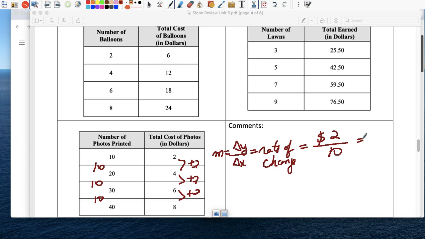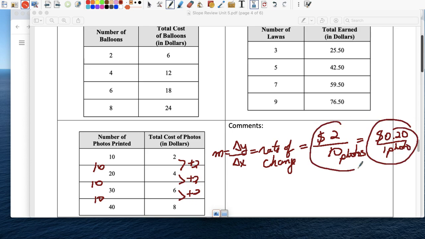Let's simplify that, and you probably want to simplify this for photos. And you're going to get 0.20 for 1 photo. But if you get this far, depending on your multiple choice answers, you might need to simplify one further.